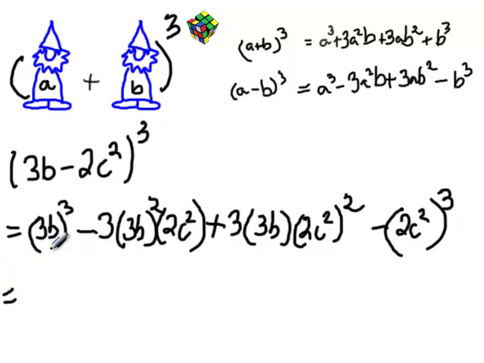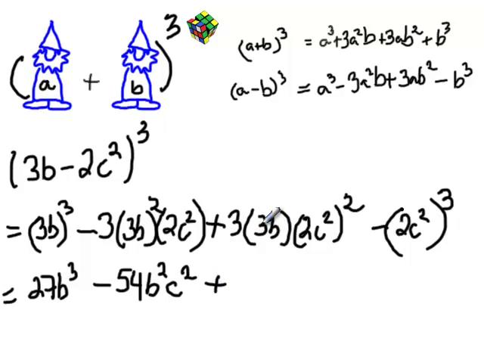Now clean it up carefully. 3 cubed is 27, subtract 3 squared is 9, times 2 is 18, times 3 is 54, there's that b squared c squared, plus that's going to be 9 times 4 is 36, b c to the fourth, subtract 8 c to the sixth, and we're done. If you're not careful, it's very easy to miss exponents or get the numbers wrong.